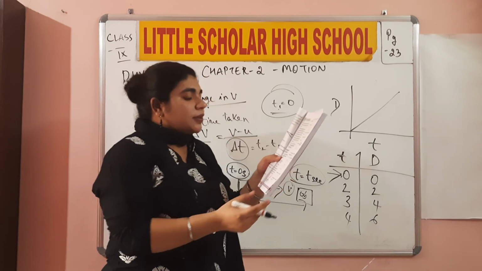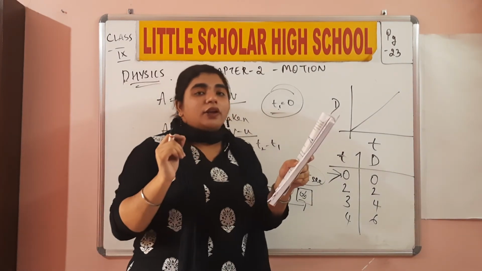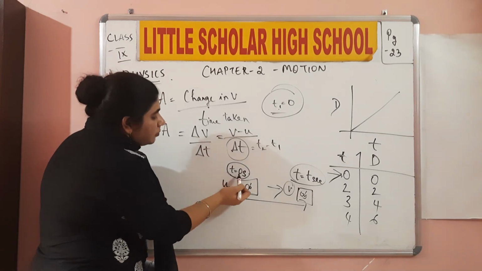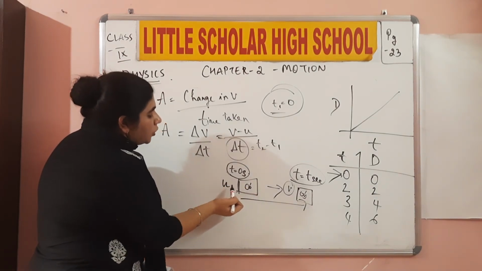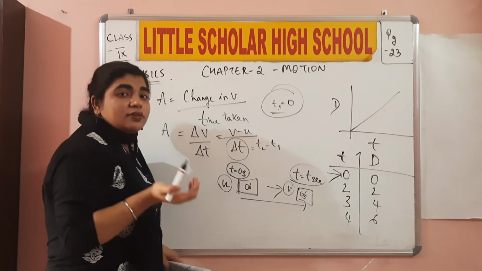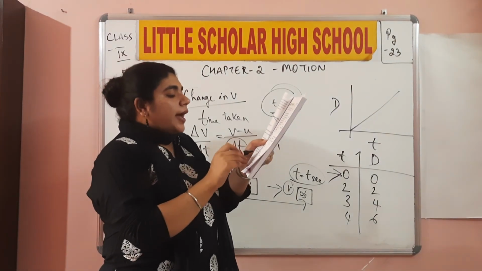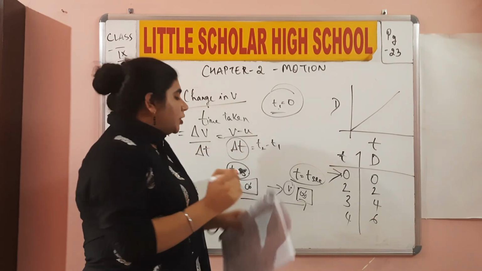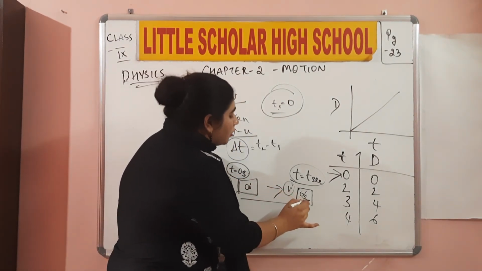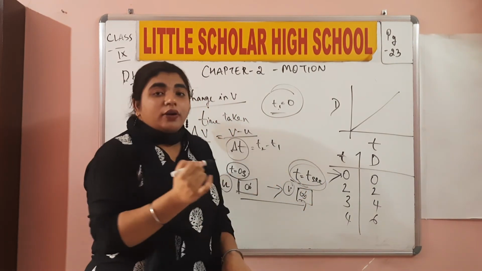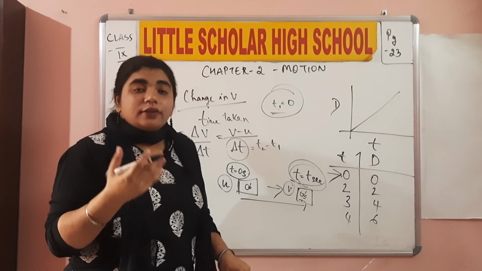Read that statement again over there. Let u be the velocity at time t is equal to 0. Do you understand? At time t is equal to 0, the velocity of the object is u. What is u? It is the initial velocity, the start velocity. Let's continue. And let v be the velocity at time t. So after traveling for a certain amount of time, which is nothing but t seconds, the velocity of the body has become v now. And that is the final velocity.